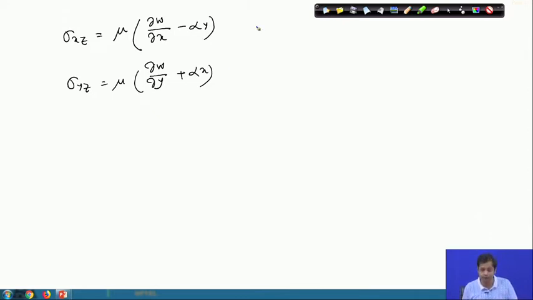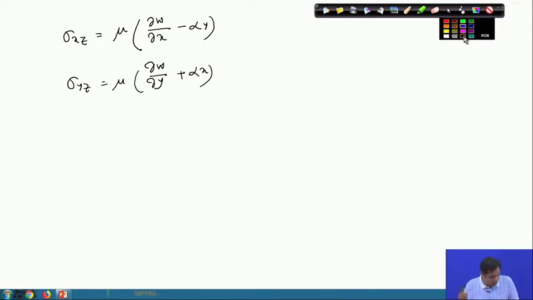We have done it before. Whenever we have strain and need to find displacement, we integrate the strain with respect to that coordinate axis, get a constant which is a function of the other coordinate axis, and then use another equation to get that constant. We have done it previously, and I leave this exercise to you.